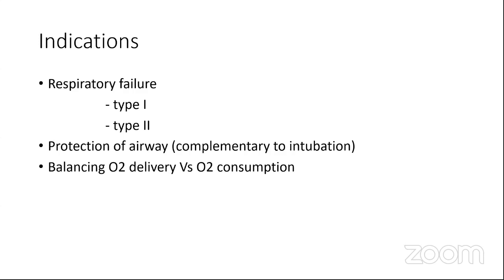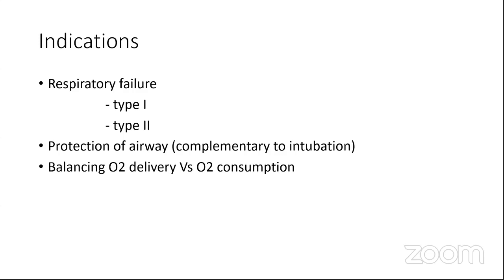But also, during mechanical ventilation, you can decrease the oxygen consumption by taking off the work of breathing of the patient and doing this through mechanical ventilation. Work of breathing can account to up to 30% of the total oxygen expenditure during shock states or severe dyspnea.